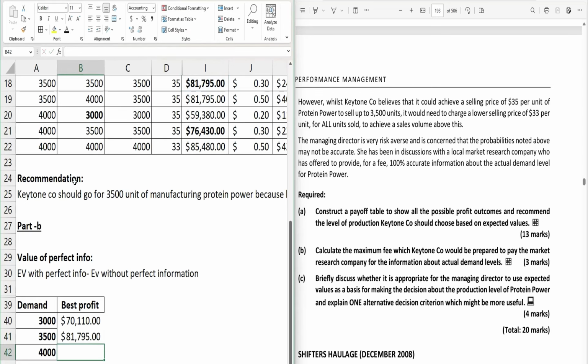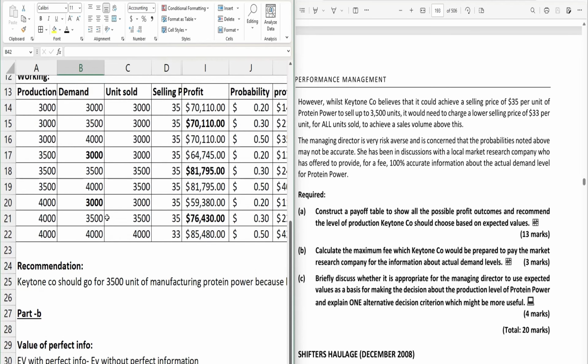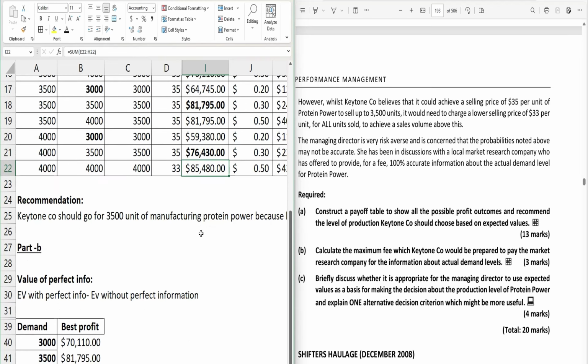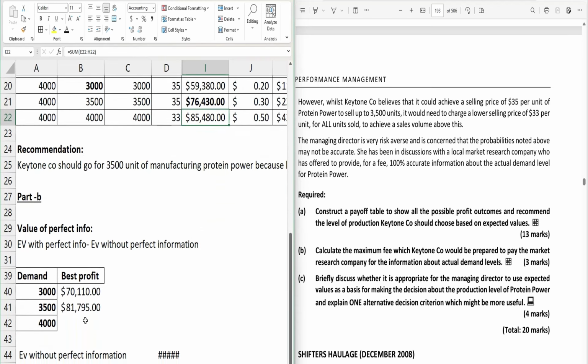Then we have a 4,000 demand. At 4,000 demand, one profit is 70,110, another is 81,795, and another is 85,480. We will go with 85,480 because it's the highest one.